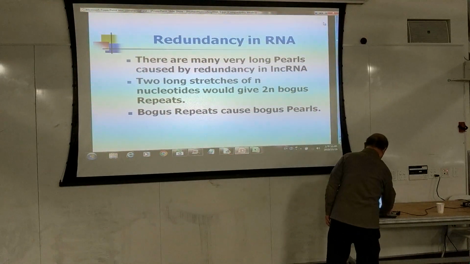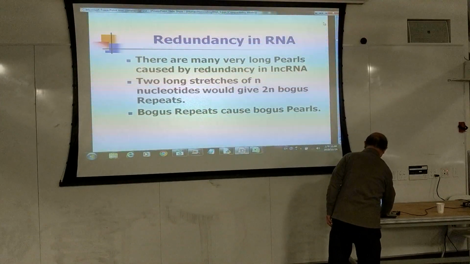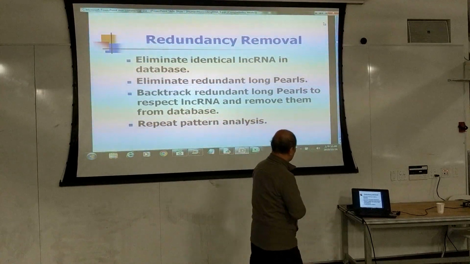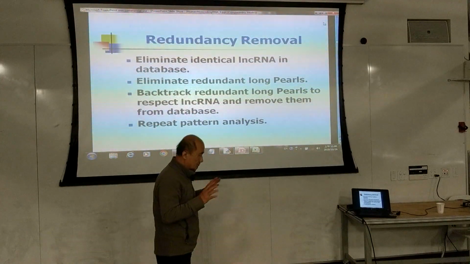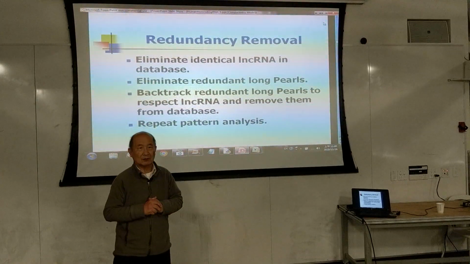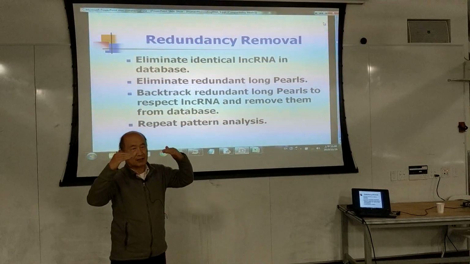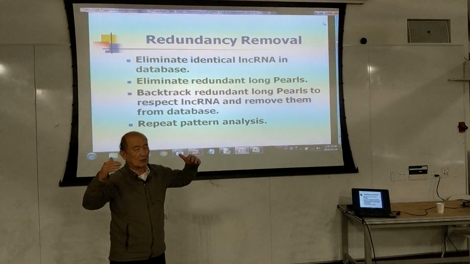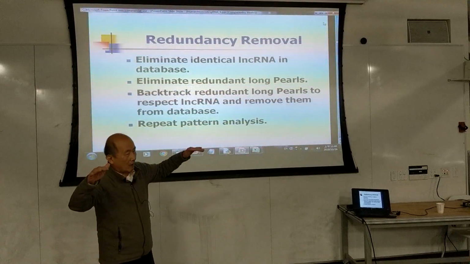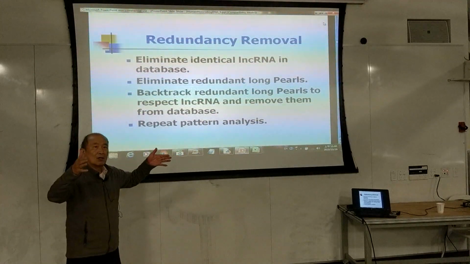So last month I was mainly working on the redundancy removal. The redundancy is that in the pairs or in the RNA, there are long stretches of nucleotides which are repeated in one or many RNAs.